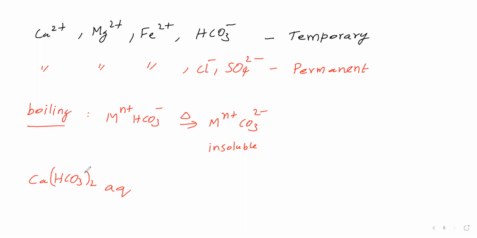Any metal bicarbonate exists in aqueous solution only, except alkali metal bicarbonates, which alone exist in solid state. The remaining bicarbonates, like calcium bicarbonate, we can't prepare in solid state. Solid calcium bicarbonate we cannot prepare at all. We can prepare only an aqueous solution of calcium bicarbonate.